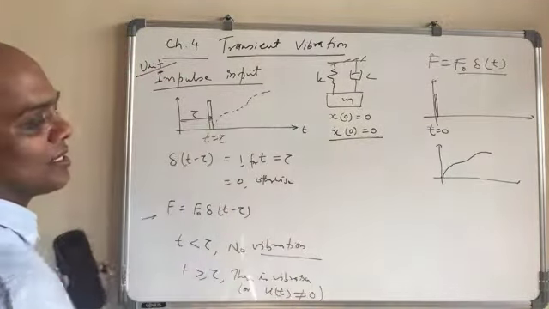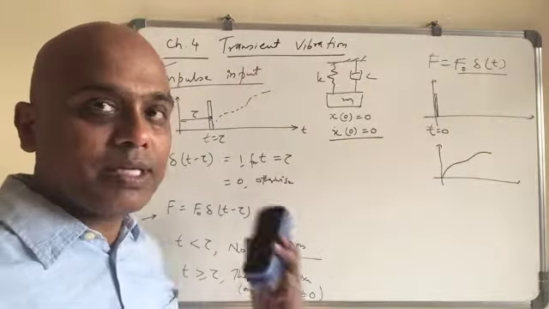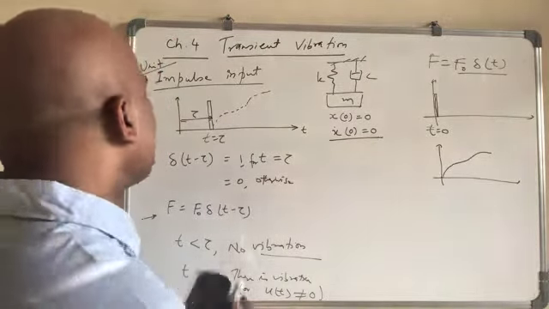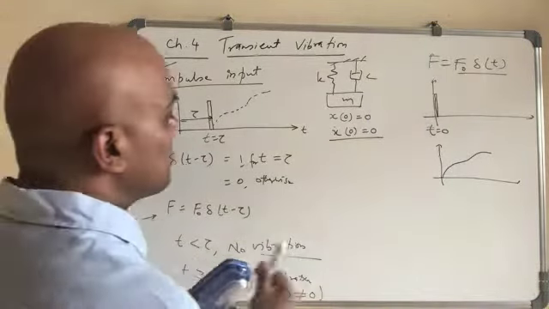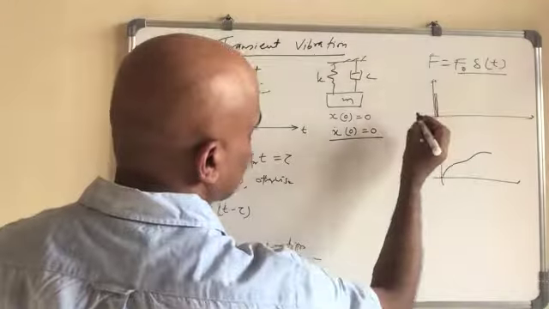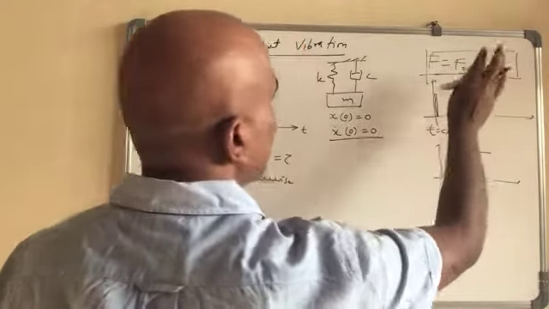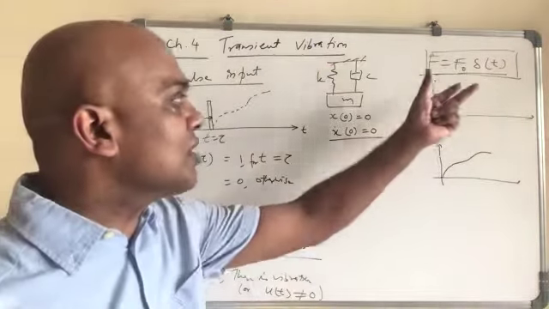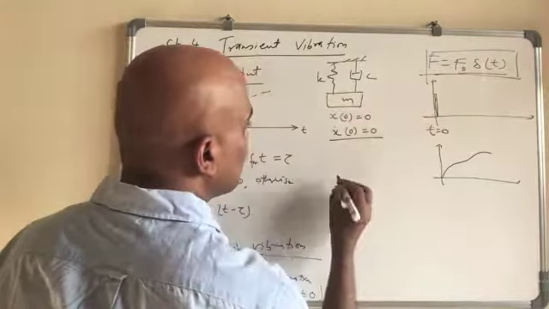This is a new solution. So once you know one, you can find the other. Our problem now simplifies to F equal to F naught delta t, and if we know its solution, we can find the solution of the shifted one.